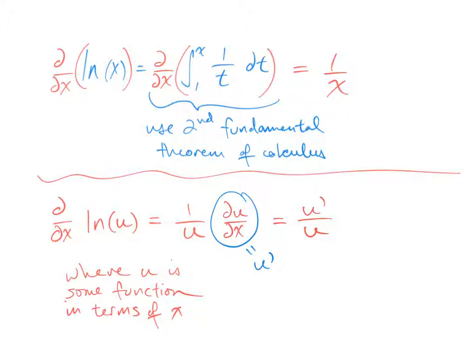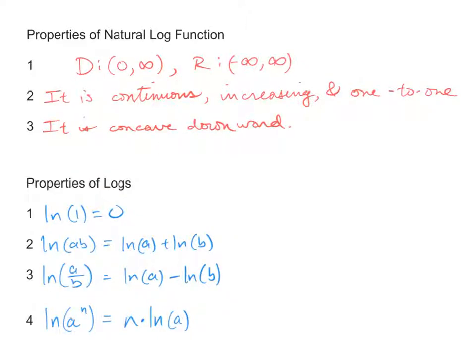And before we get into any derivatives involving the natural log of u, I want to review some properties of natural logs. Some properties of the natural log function include what the domain and range are. The domain of the natural log function I mentioned earlier is all positive real numbers, from 0 to infinity. The range is all real numbers from negative infinity to infinity.